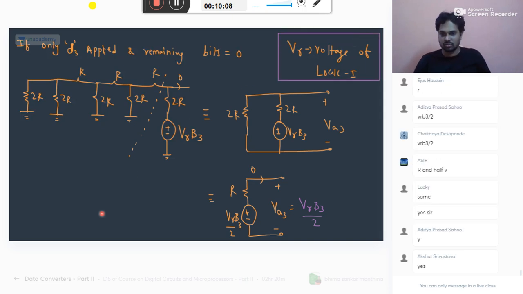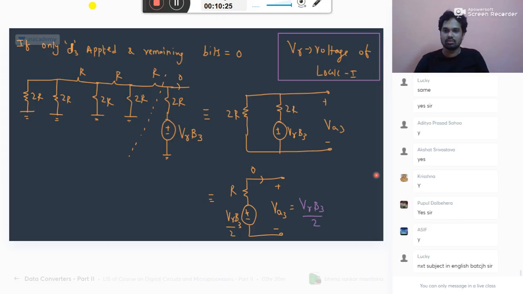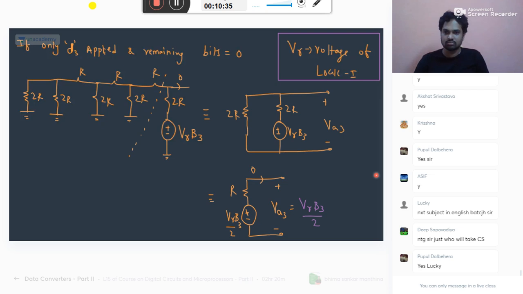Very good. So what some control system discussion is going on when my net is gone? Rudraksh, you want previous slide? Rudraksh, please ask any doubt.